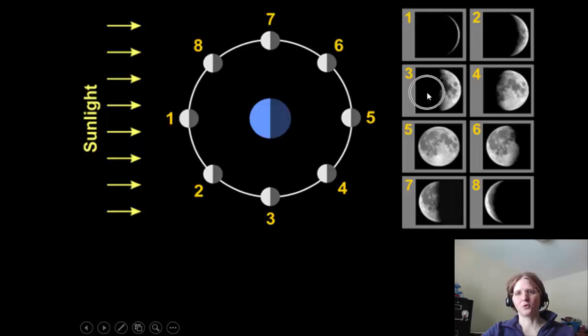So you'd see first quarter. The right side of the moon is lit up, the left side of the moon is dark. Right? It's because if you turn your computer monitor, your laptop, so you're looking from the Earth to the moon, the right side is lit up and the left side is dark.